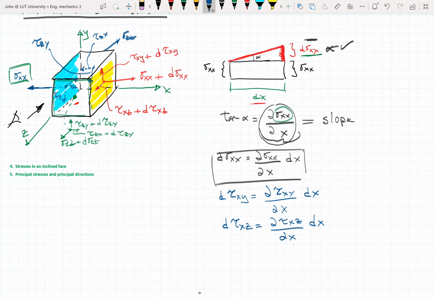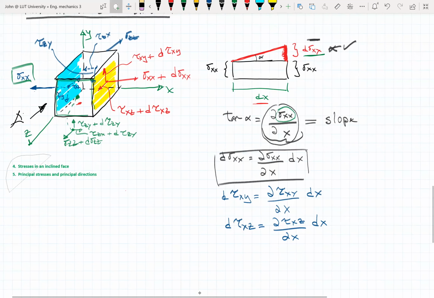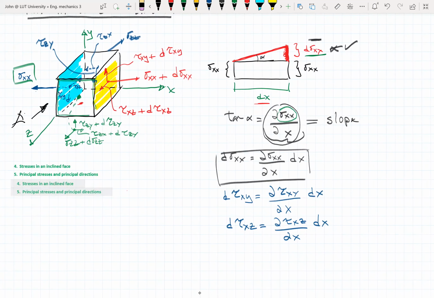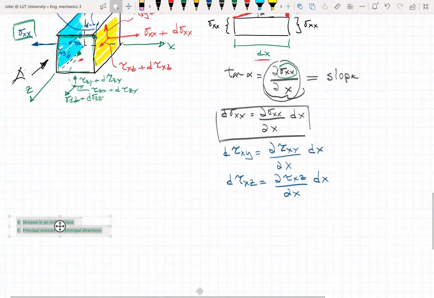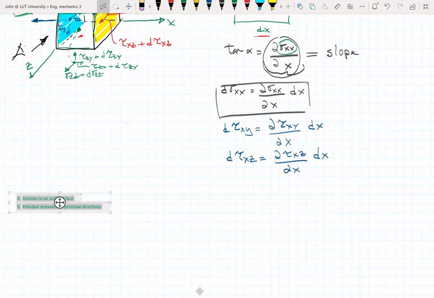Good. What's next? Next, I need to move this from here, put it down a little bit more, maybe. Yes.